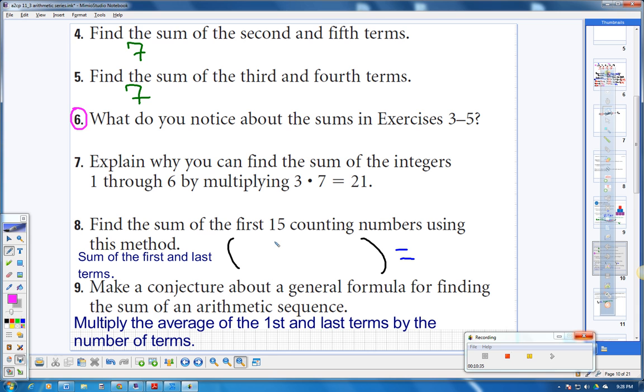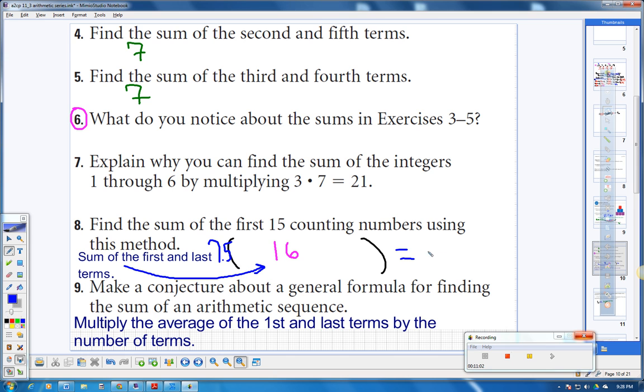And then half of the number of terms that I have is 7.5. Whoa, 7.5. So the sum of the first and last term is right there. Perhaps I should have written this in blue and that in pink. And then the average, or the number of terms I have divided by 2 would be 7.5.